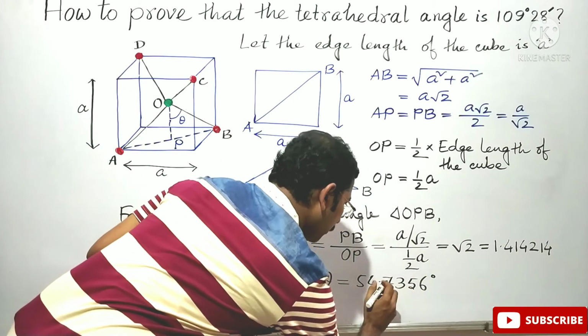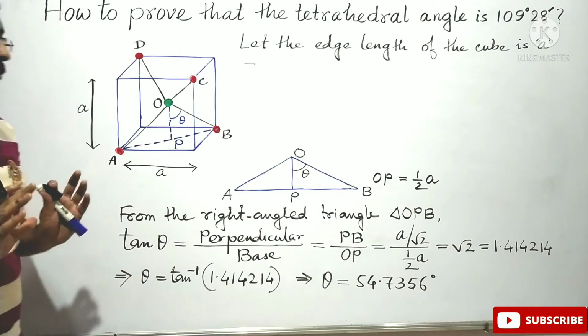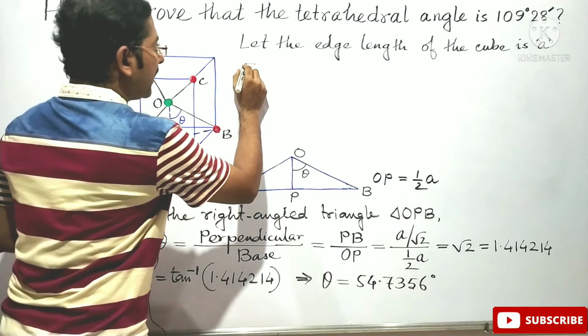Okay, so the value of theta is 54.7356 degree.